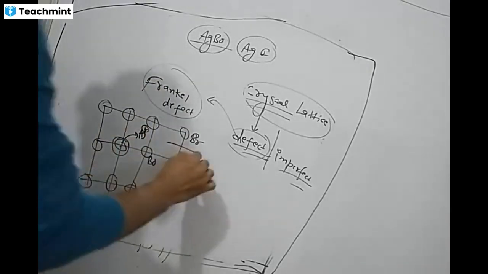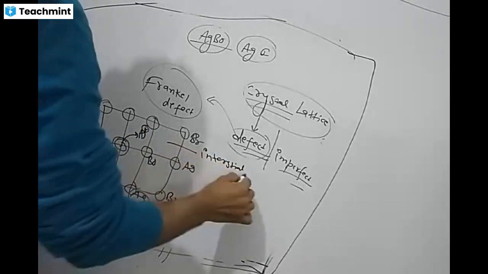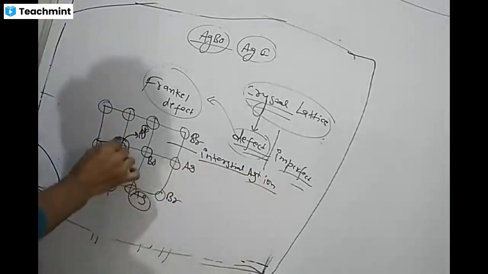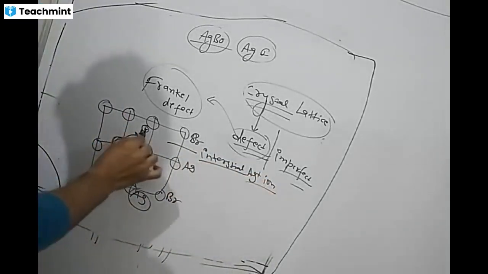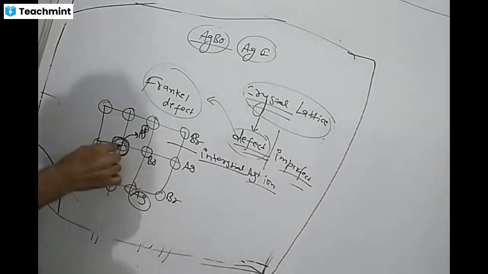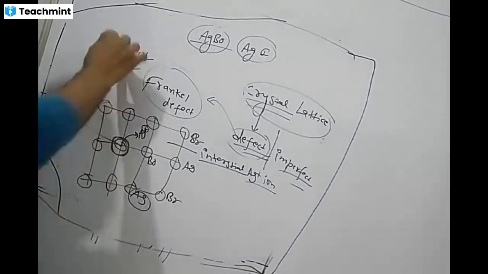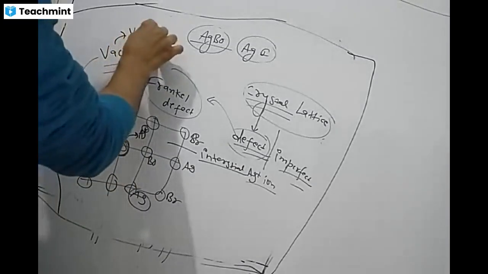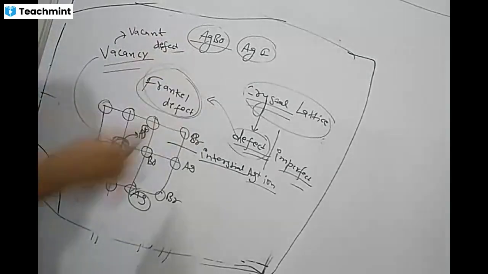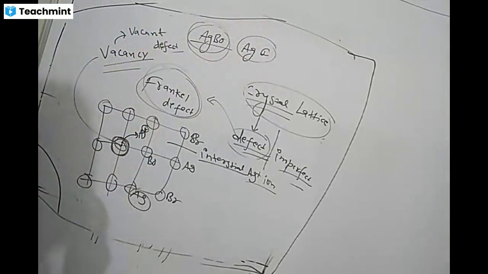This space is called interstitial space, so this is an interstitial silver ion. The place from which it moved is called a vacancy, or we call it a vacant defect.